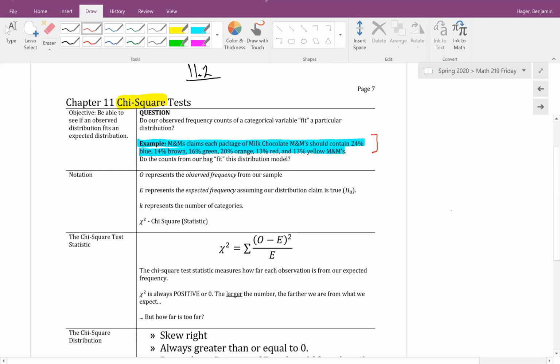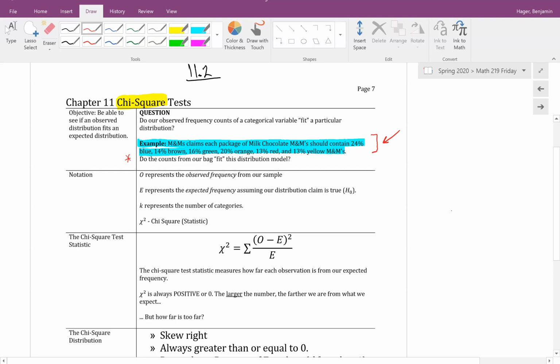So what this goodness of fit test will do is allow us to take a bag of M&M's and, by sampling some M&M's, determine whether or not that statement is correct. Does the distribution we observe, what comes out of our bag of M&M's, match the distribution that is expected, which is what is claimed by the M&M's factory?